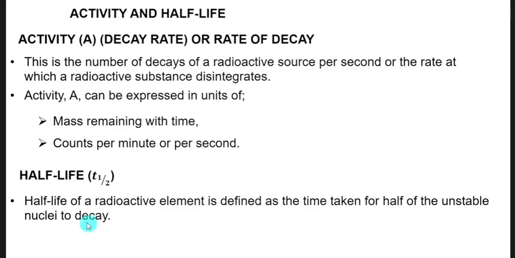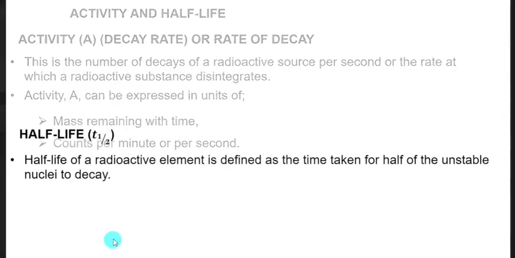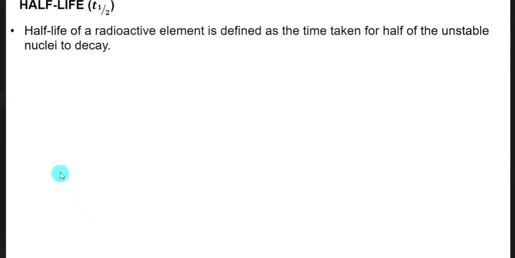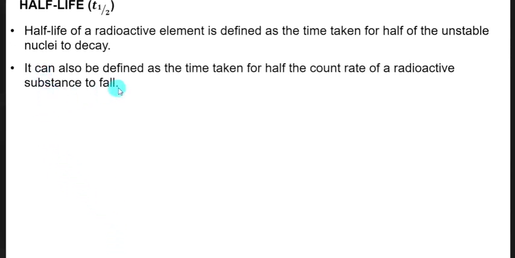So that's why we are saying the half-life of a radioactive element is defined as the time taken for half of the unstable nuclei to decay. It can also be defined as the time taken for half of the count rate of a radioactive substance to decay.